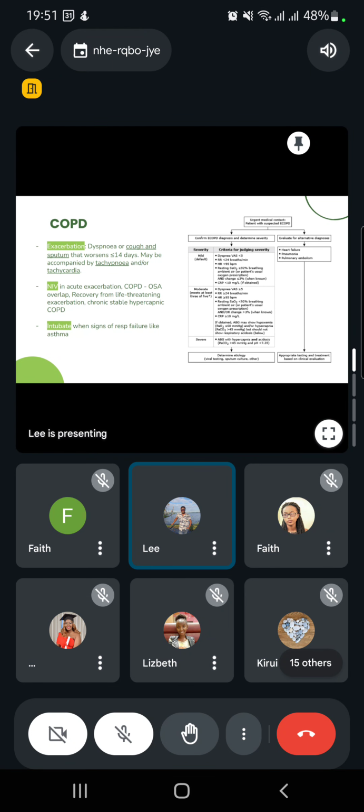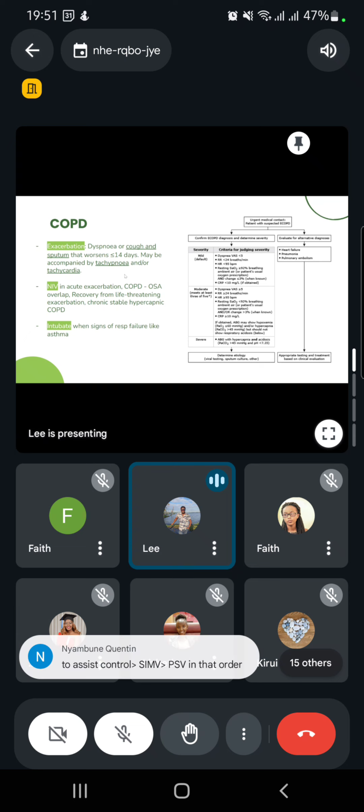For COPD, sorry for the busy slide, but let's look at the right half first. Patients who have an exacerbation present with acute dyspnea or cough and sputum, accompanied by tachypnea and tachycardia.